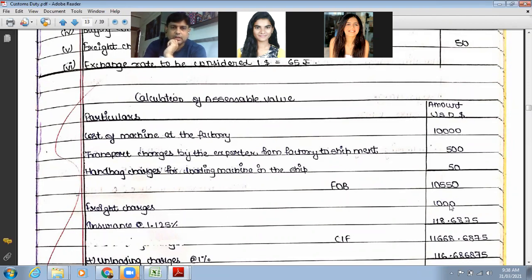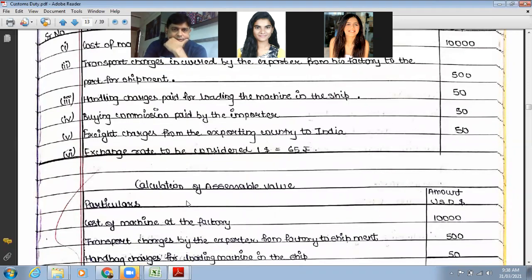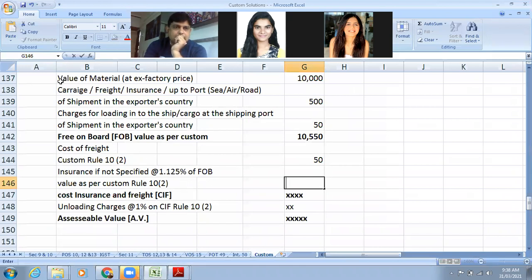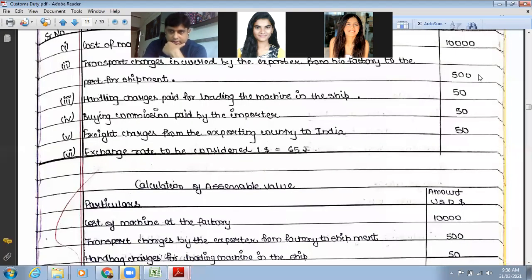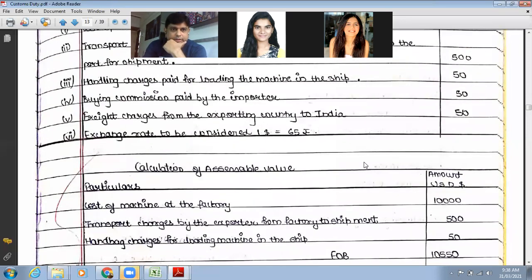Taking freight charges and here they have included 1,000. They have taken freight, whereas freight is given as 50.